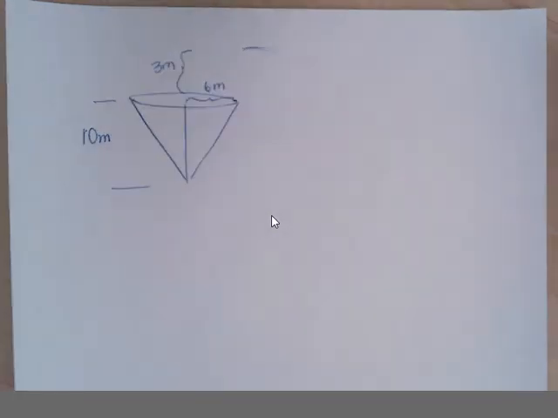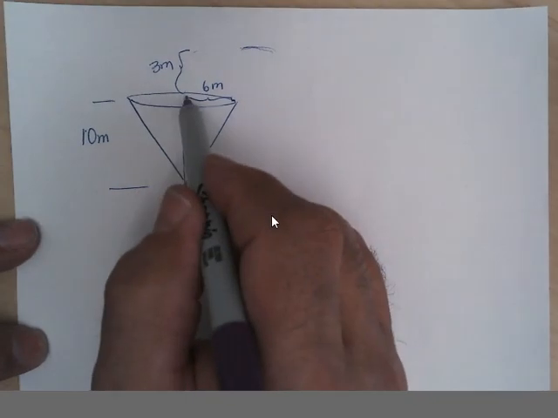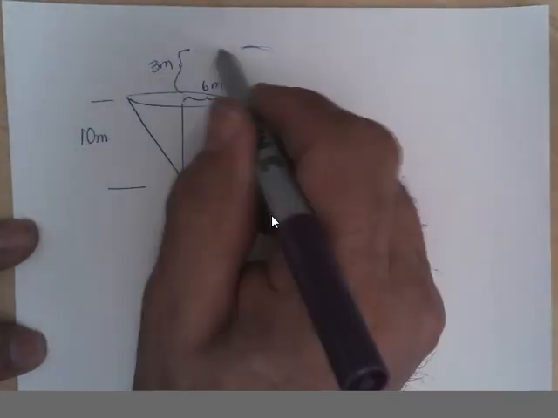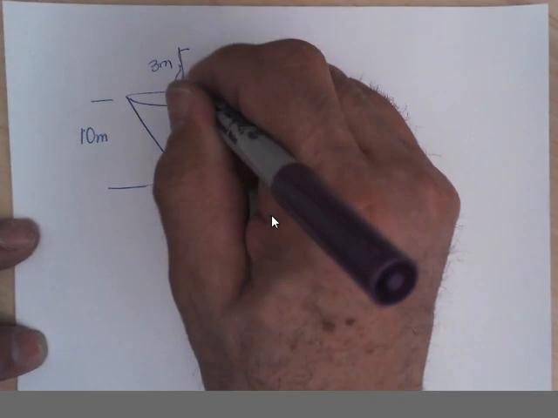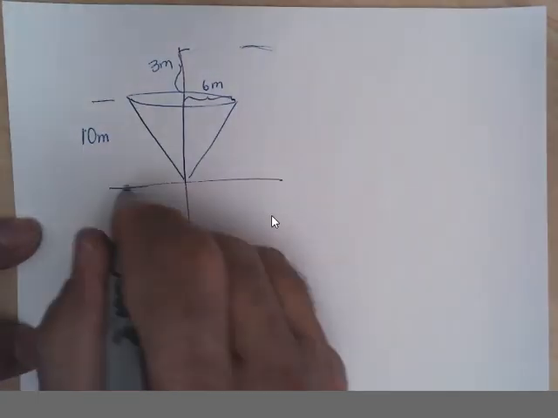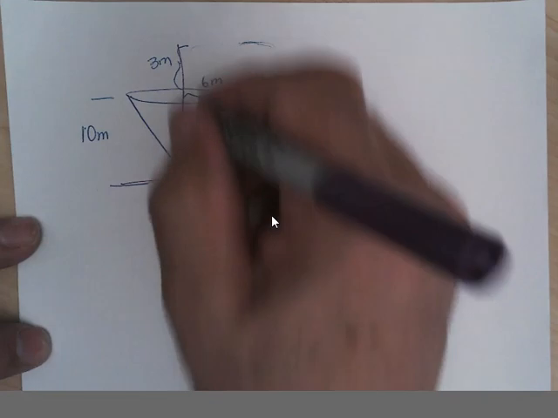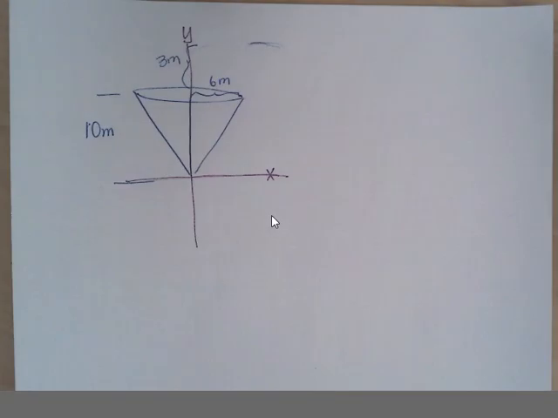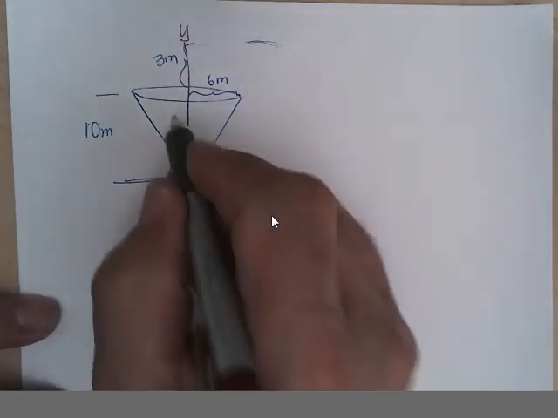Now, where do I want to put my coordinate system? We can put it any place. Last time I had it at the top of the tank. I could put it up here, or I could put it at the bottom of the tank. I'm going to put it at the bottom this time, just for the fun of it. I'll make this my x-axis, and this my y-axis. And now I'm going to take my representative slice.